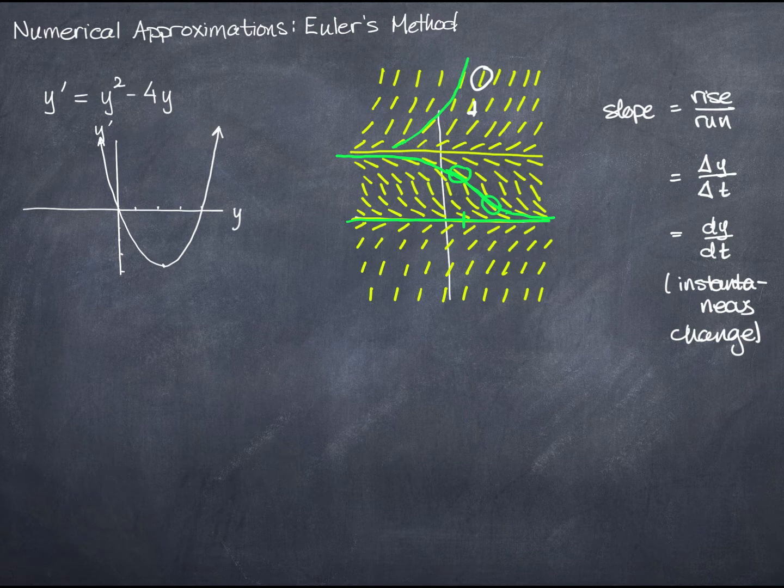So what we're going to do with this section is we're going to be looking at something called Euler's method, but Euler's method is basically just a formalization of what we've been doing already. We're going to figure out what the size of a change is, and we're going to use that information to help us step through a couple of iterations and figure out what an approximate solution is to a differential equation.